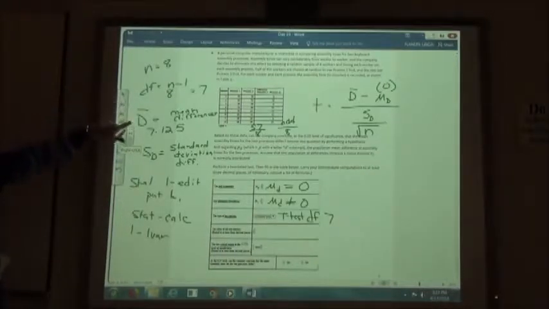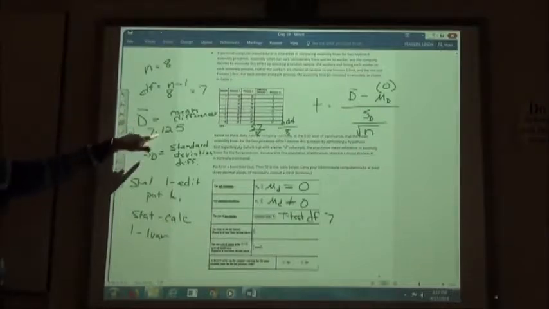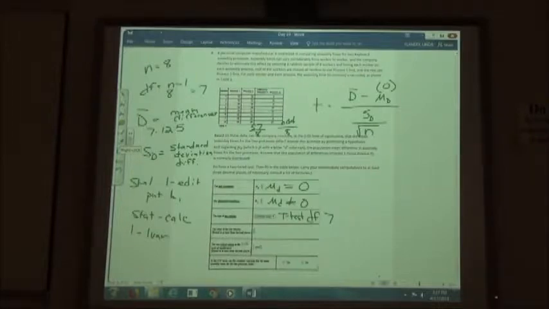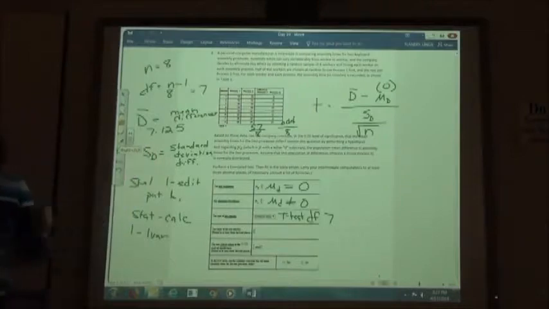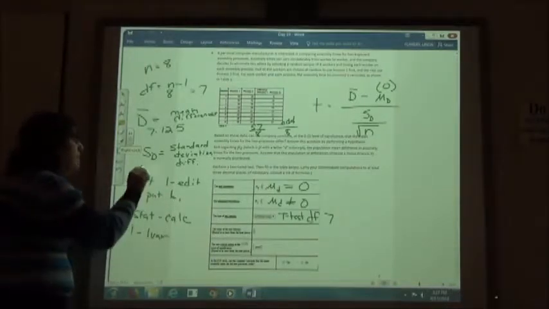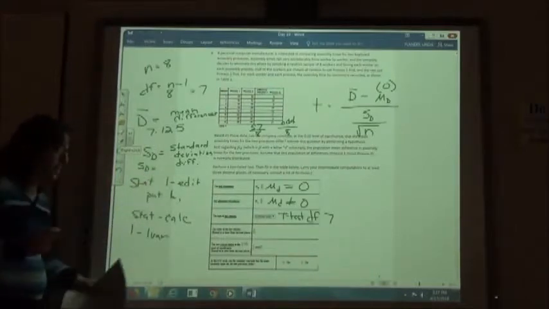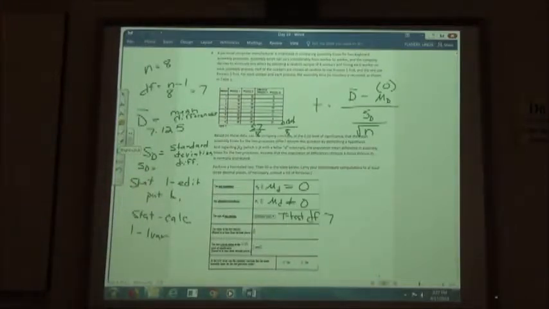Your mean, which is your X bar on your calculator, should be the 7.125 we already figured out doing it the manual way. Standard deviation, if you look on there, you want the one with the S. What do you get for your standard deviation? Yep, 9.819.